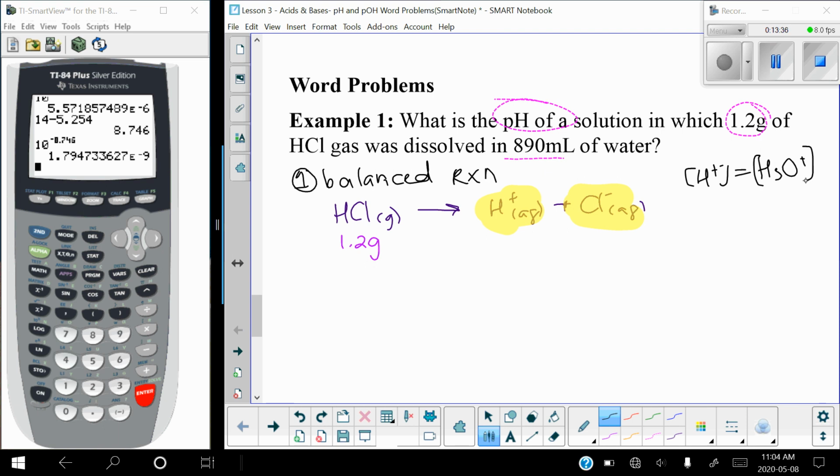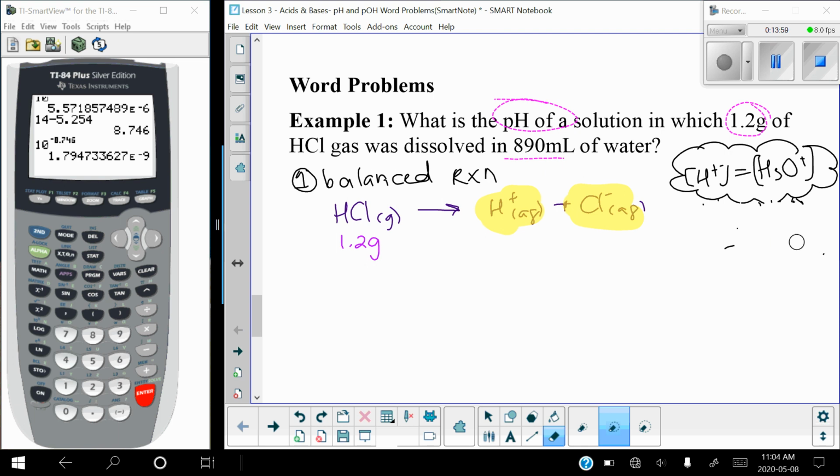The reason being is if you form H plus in water, it's going to react with the water. If it reacts with the water, it's going to form hydronium. Okay, so that's why we can have this rule.